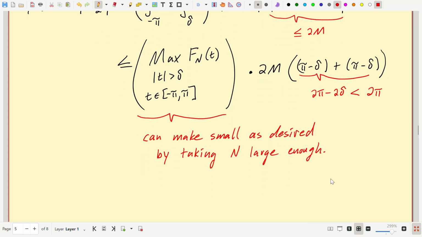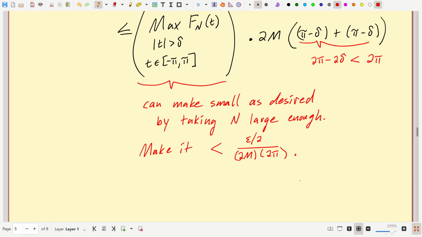In particular, what do I need to make it less than? Make it less than epsilon over 2 divided by 2 times m times 2 times pi. And that would give me exactly what I need, namely, let's say n bigger than n naught would do that.